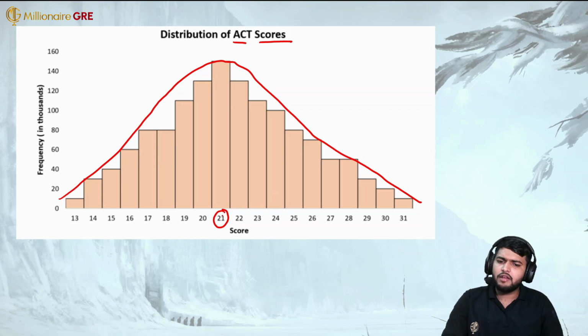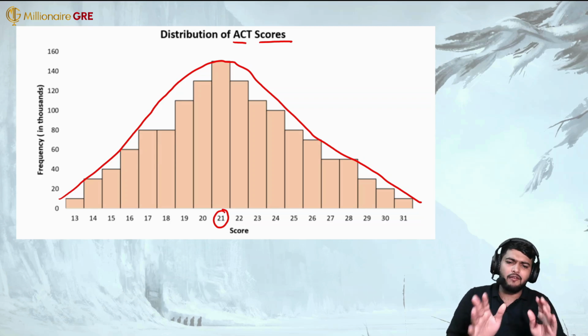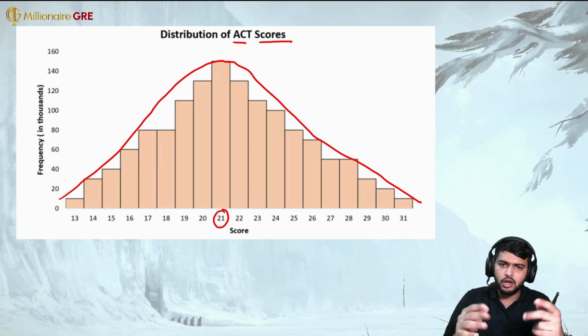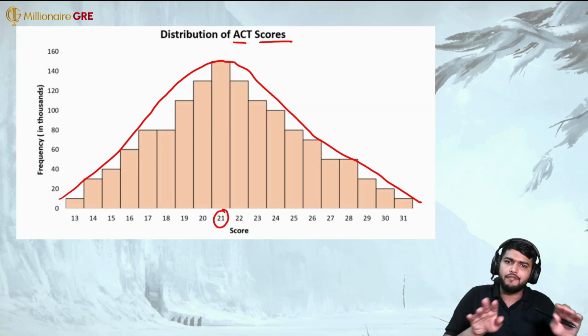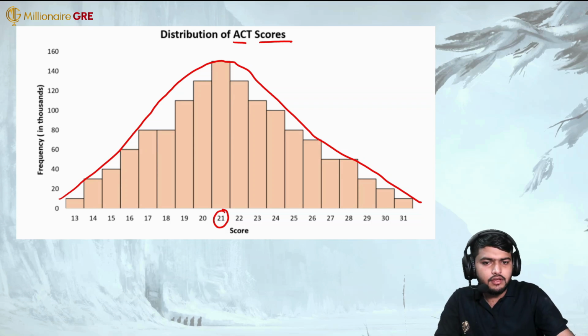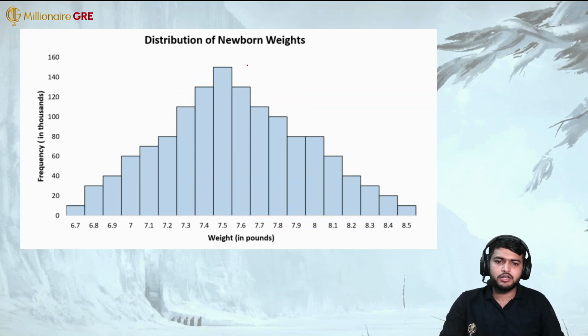Here 21 is approximately the average. Maximum students have scored the average score, and as you move away from the average, the frequency decreases, or the number of students decreases. Similarly, in this example also, this is a distribution of newborn weights. Here also, maximum babies have the average weight of 7.5.